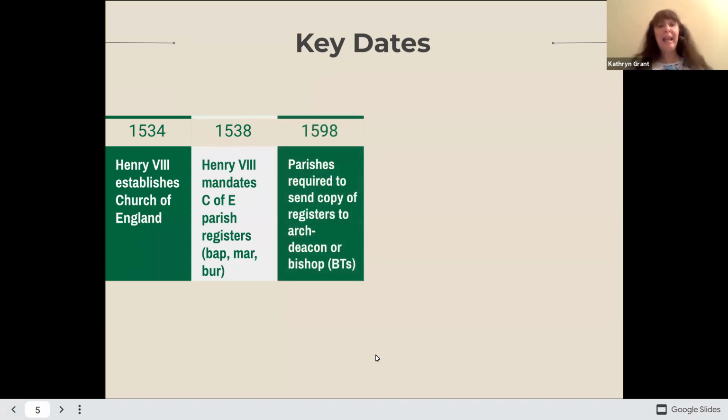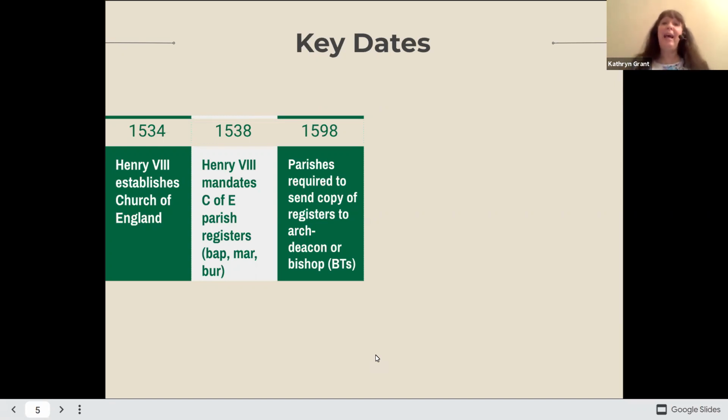In 1598, so that would be about 60 years later, the mandate was given for parishes to make a copy of their records. To us, that may not sound like a big deal, but think about having to copy thousands and thousands of records by hand. There's no electronic means of copying. There's not even, in the old days, mimeograph machines and whatever, there was nothing. You copied it by hand.